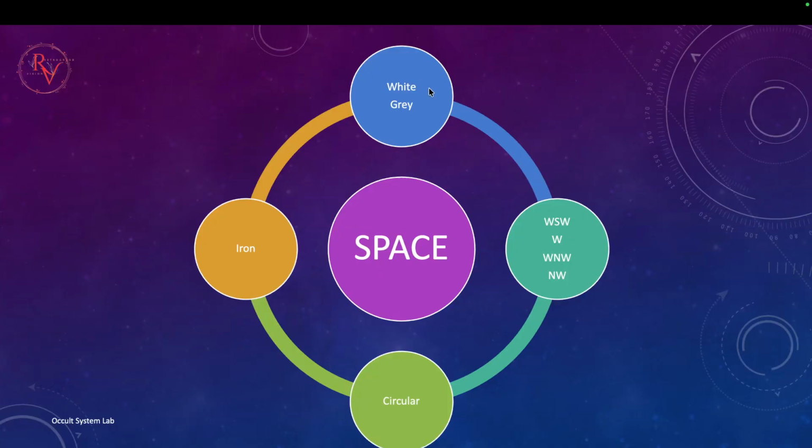Similarly, space, you can just note it down: white and gray, these four directions, it is circular, and iron is the metal. Okay, I hope this is very clear. In the next video we will dive into individual 16 directions one by one, and we'll learn what are the objects or entities that bring disbalances in a particular direction.